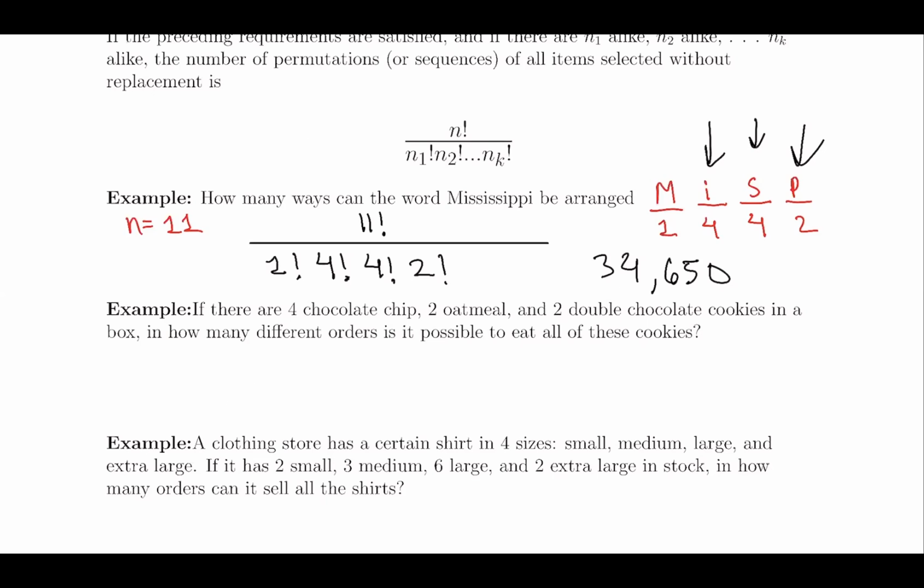I'll do the factorial on this next problem. So if you look at it, there's 8 total cookies, because 4 chocolate chip plus the 2 oatmeal plus the 2 double chocolate add up to 8. So for n we'll put 8.